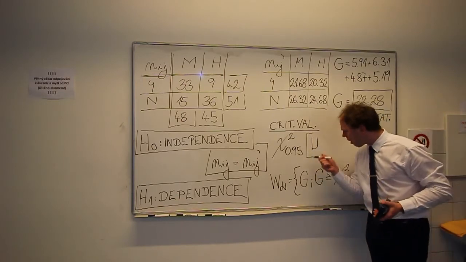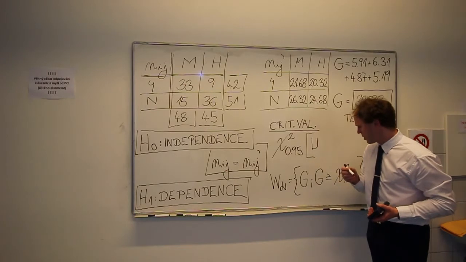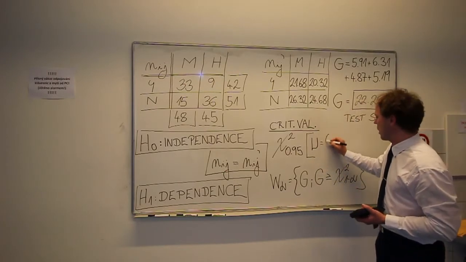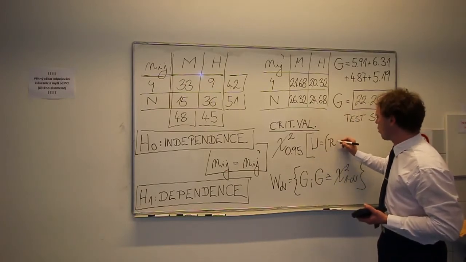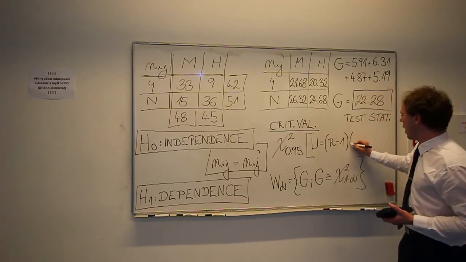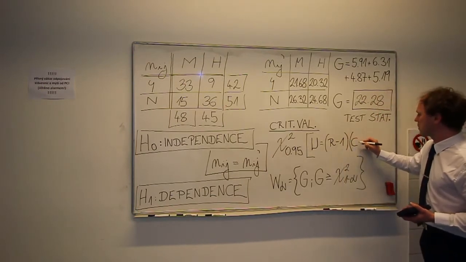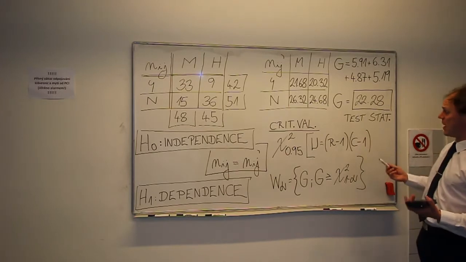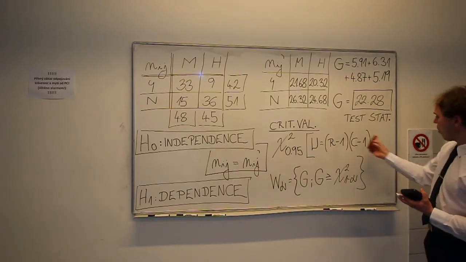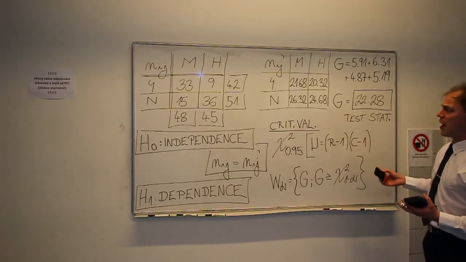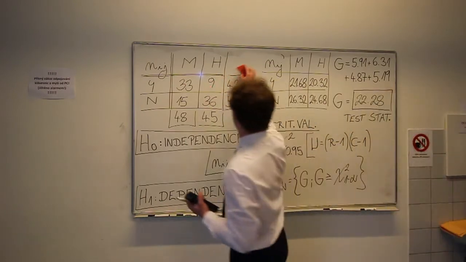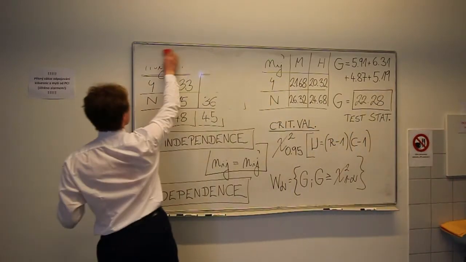This critical value is this quantile with degrees of freedom ni, the small Greek letter ni, which is equal to the number of rows minus 1 times the number of columns minus 1. Yes? Do you know how many rows and columns we have? We have 2 rows and 2 columns.